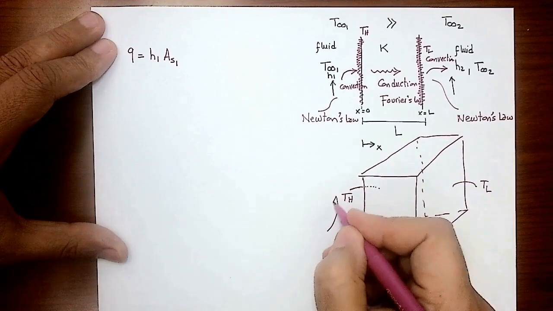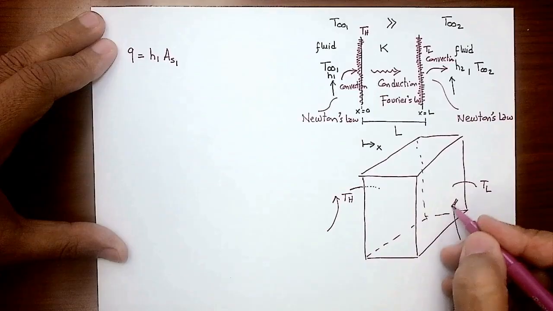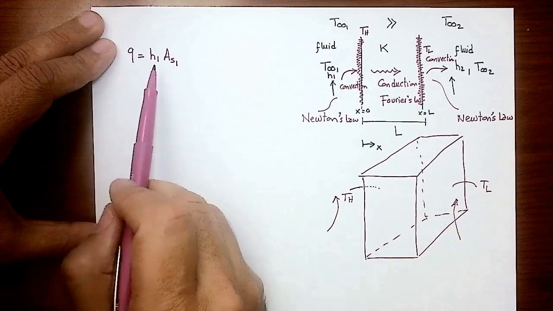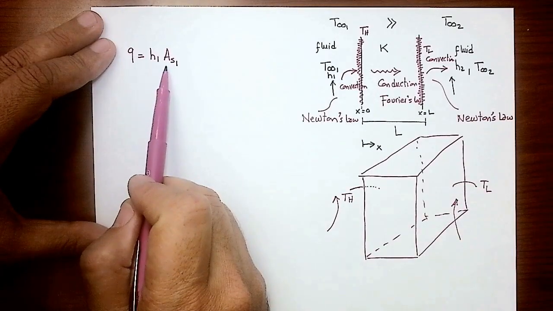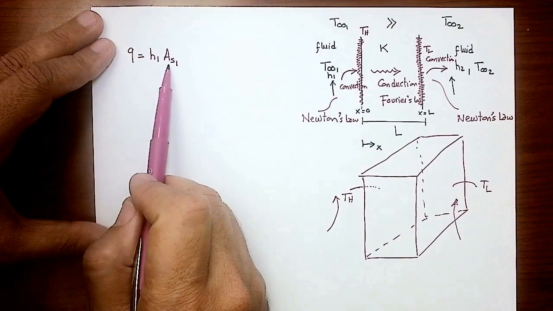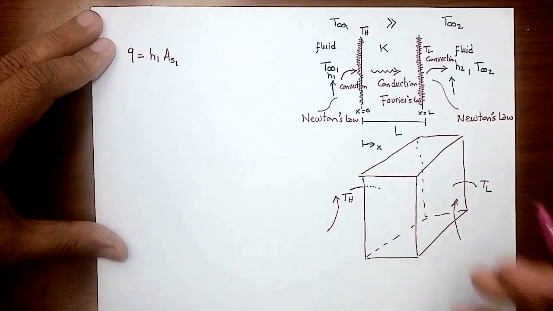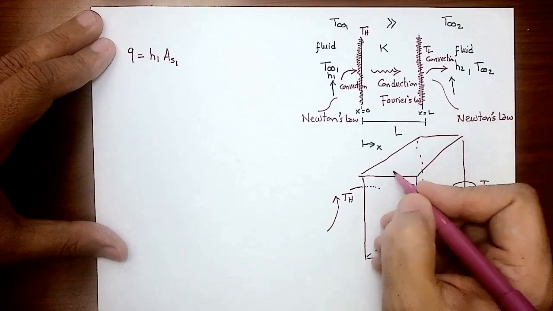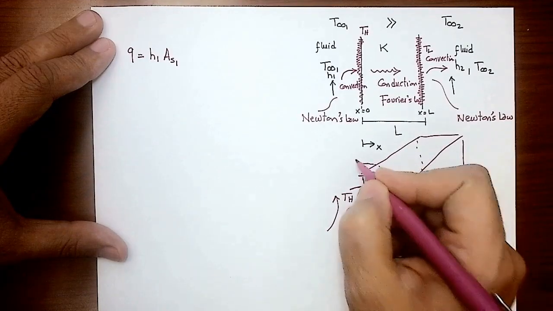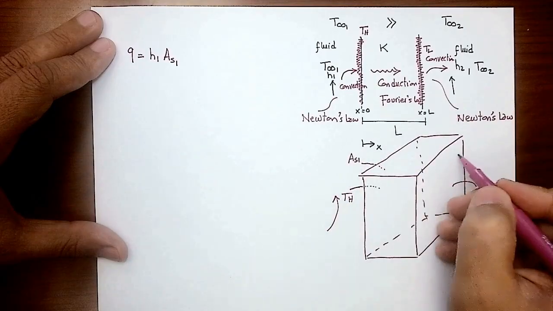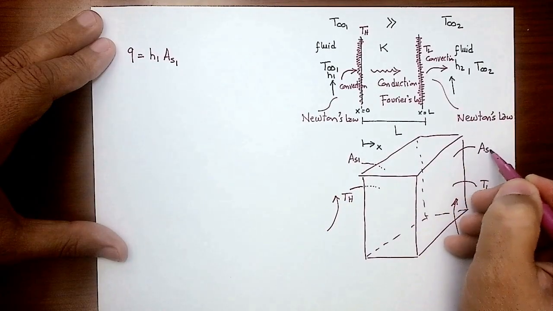And now the fluid is going over that face and the fluid is going over that face. So according to the convection equation, Newton's law of cooling, this is the surface area, or sometimes we call that the contact area. And this is presenting the area of the back face here. So that area of the back face here is surface area 1. This area here is surface area 2.